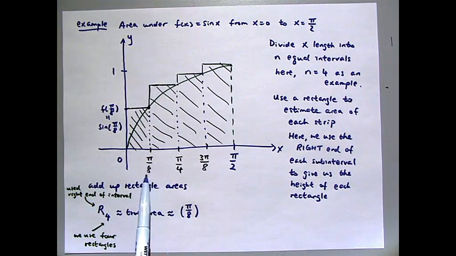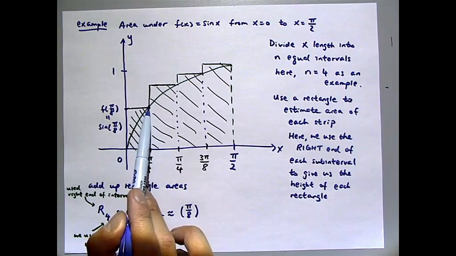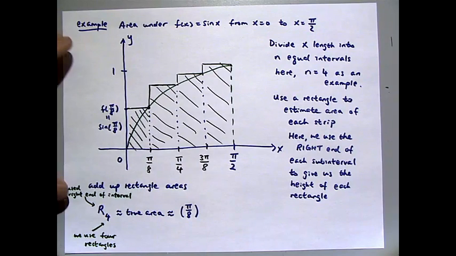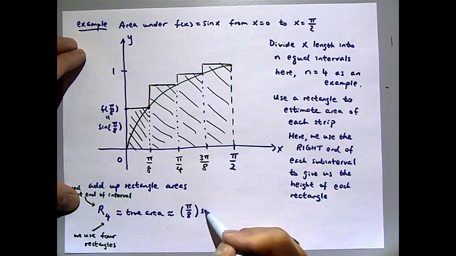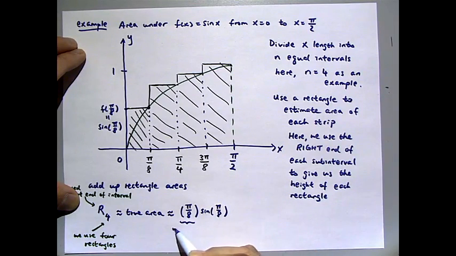Notice I chose the right endpoint, which is pi over 8. Where it touches the green curve, the sine curve, I move over. That tells me how high the first one is. So the first rectangle is going to have an area of pi over 8 times sine of pi over 8. This is the width of rectangle 1. This is the height of rectangle 1.